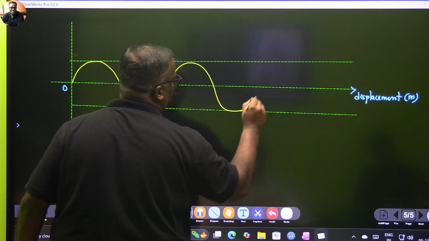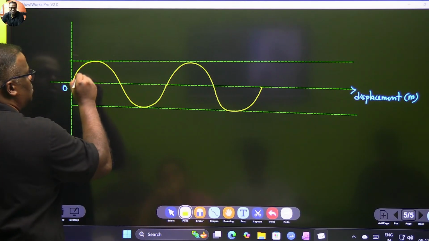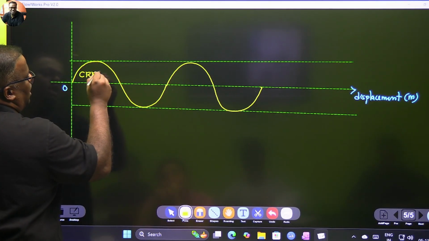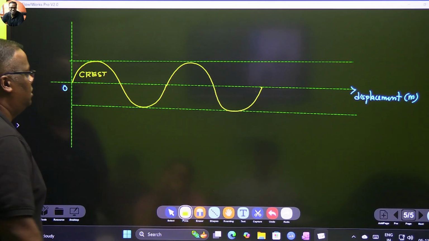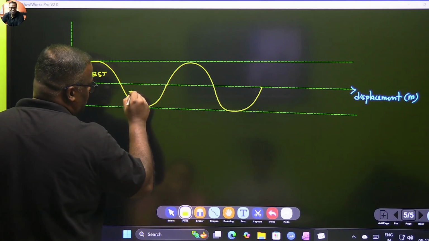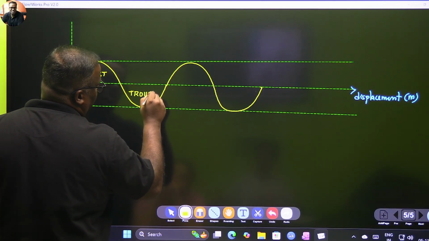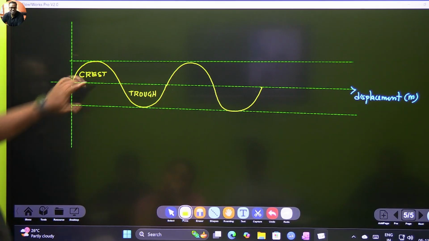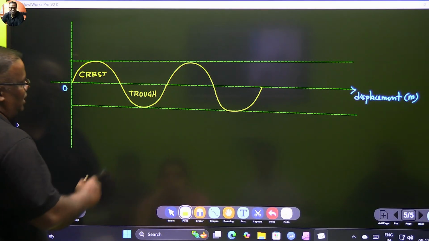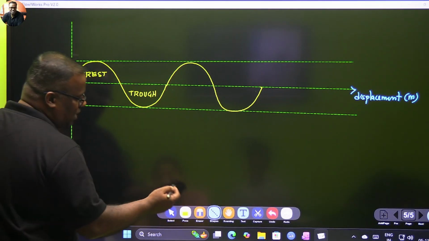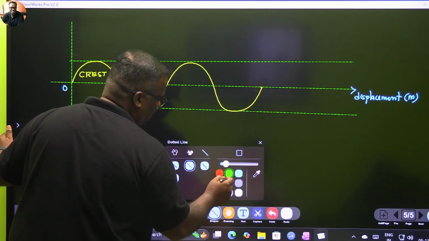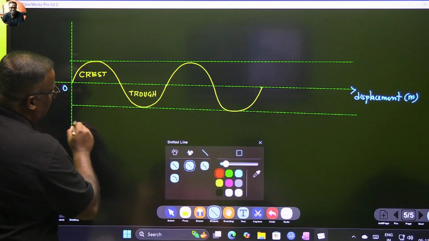This is known as my crest. Anything above the middle line is a crest, and anything below is known as my trough. So one crest and one trough.